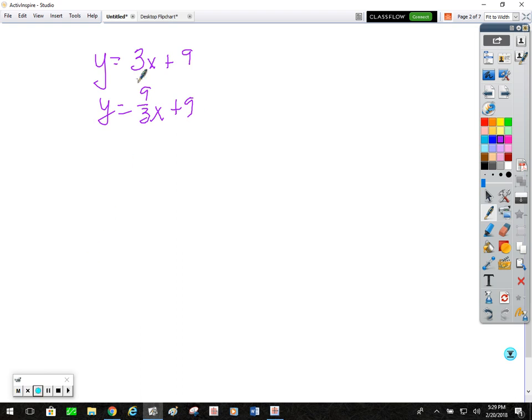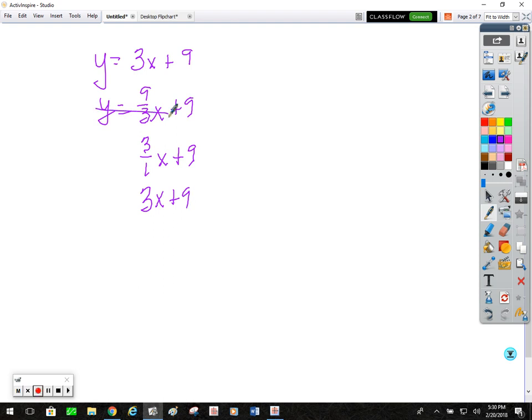Okay, again, you might be tempted to say, wait a minute, that's two different slopes and it's going to be intersecting lines, but let's check it again. If this was in lowest form, this one's not, so we've got to reduce this one. So if I reduce that, the greatest common factor would be 3. I would have 3/1x plus 9, which is going to reduce to 3x plus 9.